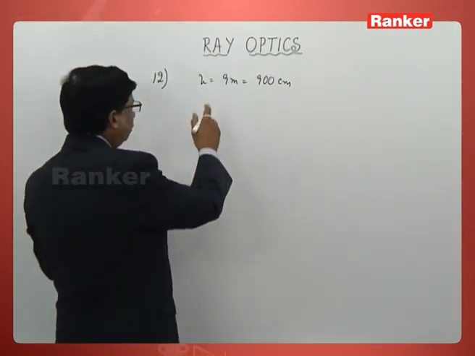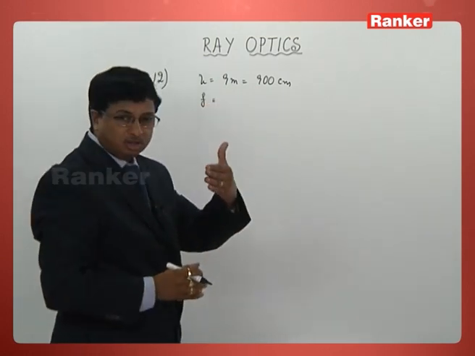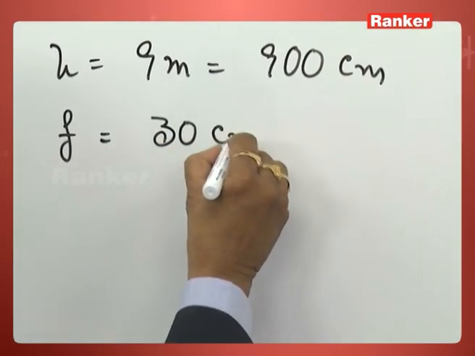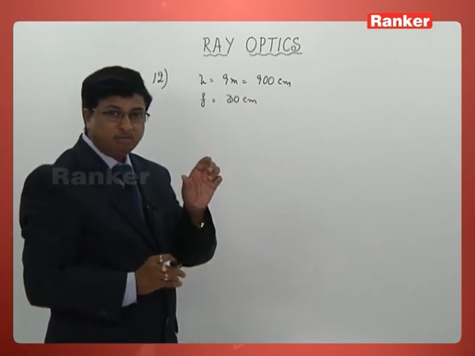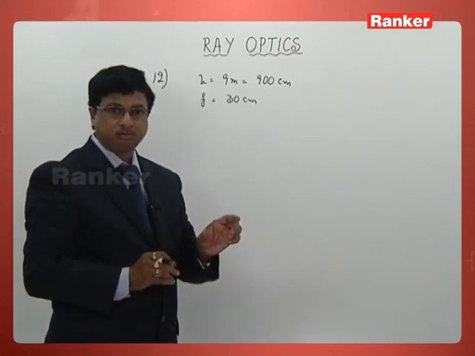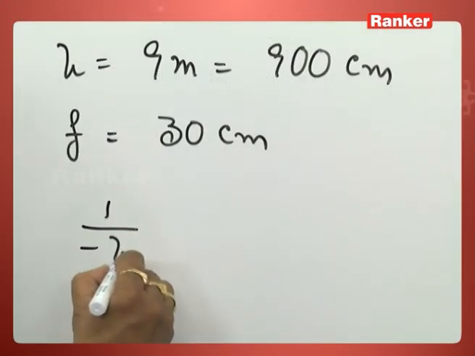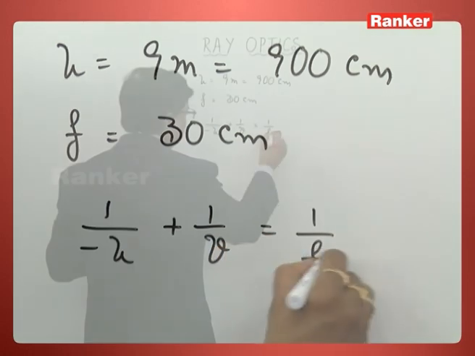And of course we know the focal length of that particular mirror in the first vehicle is very clearly mentioned as 30 centimeter. And mind, this mirror is convex mirror by nature. So what is the formula we have to apply? 1 by minus u plus 1 by v is equal to 1 by f.